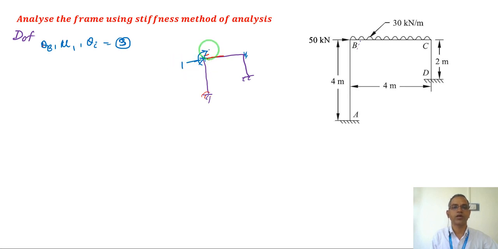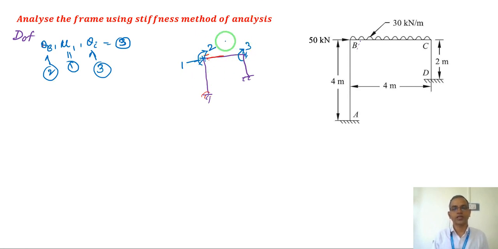So let us say 1, 2, and the third one 3. These are the 3 degrees of freedom, so these 3 are the coordinates.